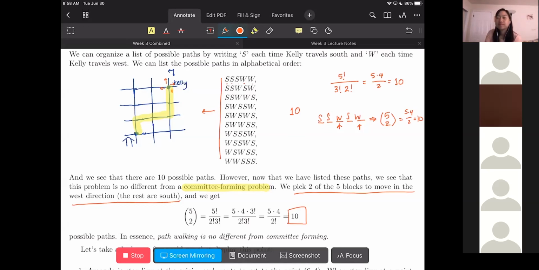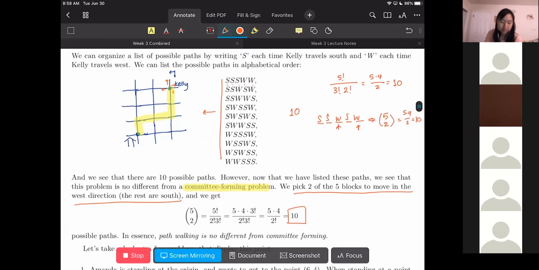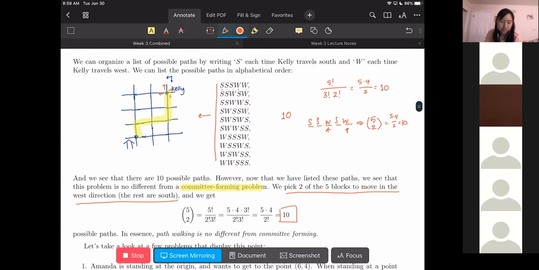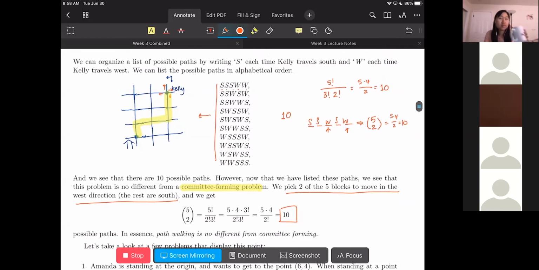So I just want clarification of something. You found the minimum number of blocks, and then with that information, you realize that if you choose the certain number of S's or W's, you can get your answer as to the number of paths available. Sorry, can you repeat the question?